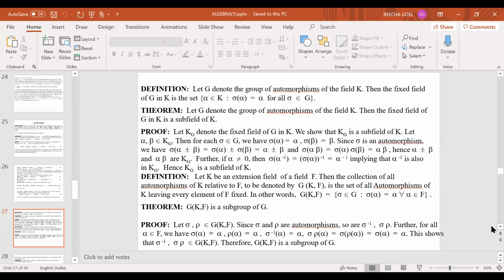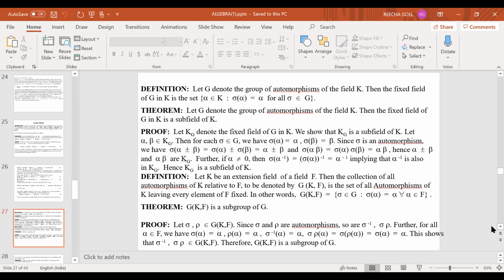That is the same as alpha plus or minus beta, so alpha plus or minus beta belongs to K_G. And sigma of alpha beta, again applying the definition of homomorphism, is sigma alpha times sigma beta, which is again alpha beta. So alpha beta also belongs to the fixed field K_G. This shows that K_G is a subfield of K.